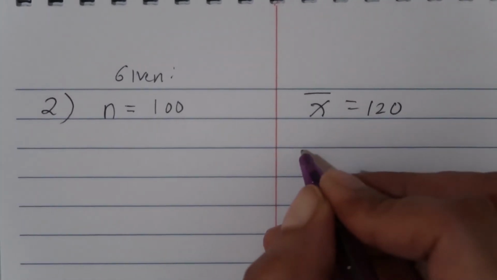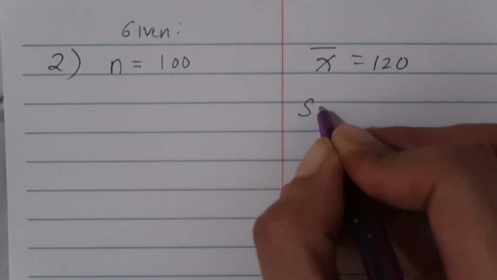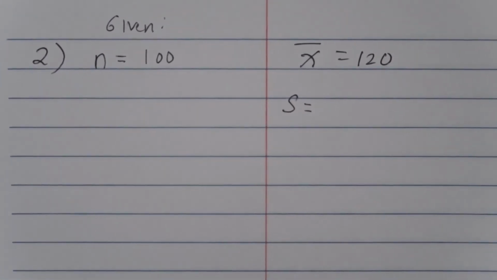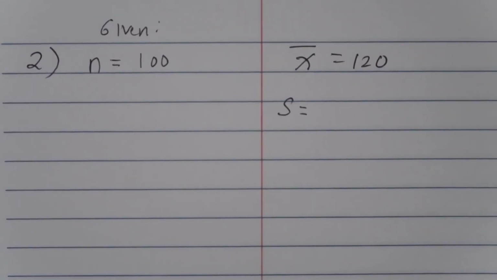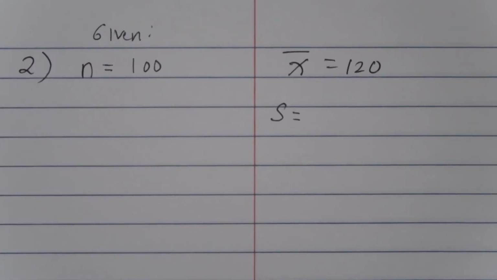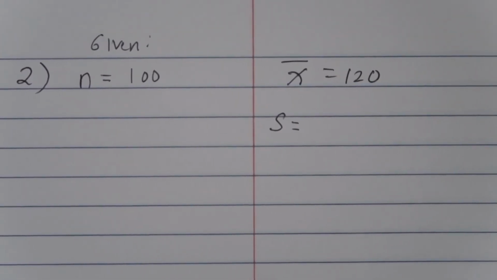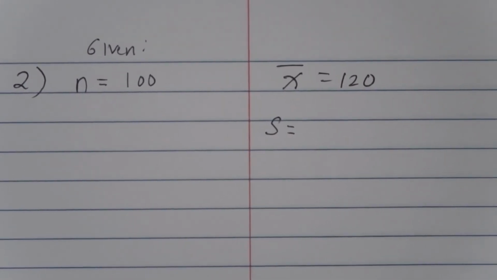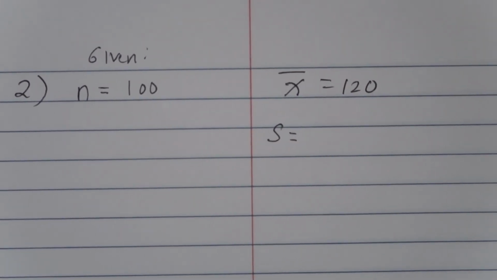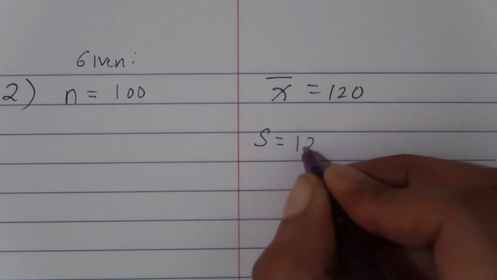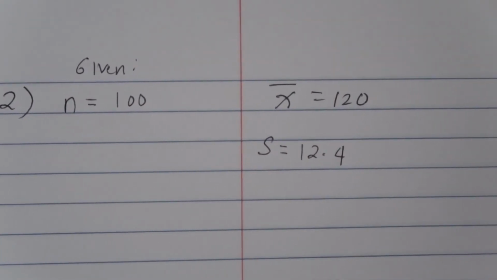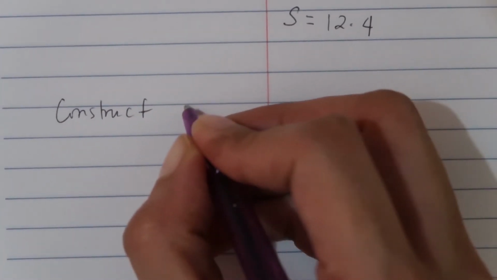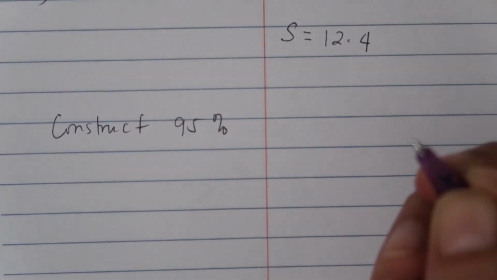And then the sample standard deviation, which is S, because the second condition says that the standard deviation of the population is unknown, meaning it's not given. So obviously the given standard deviation is a sample based on the problem. Sample standard deviation is 12.4. Okay, so we need to construct or estimate the 95%.